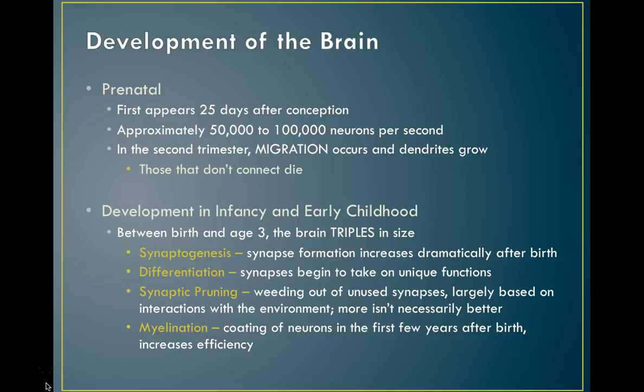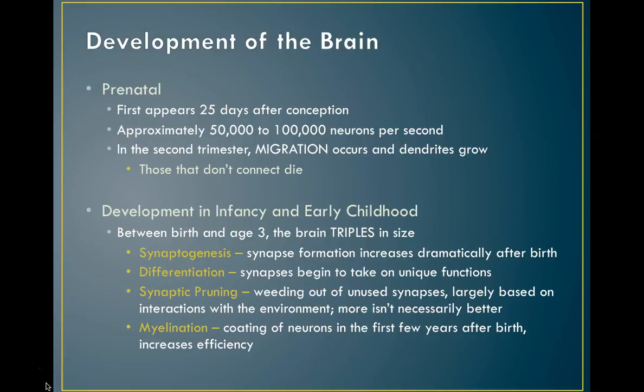All right, now we're going to talk about development of the brain. As babies are developing in the womb, prenatally, what we see is that the brain begins to develop as a tube after about 25 days after conception.